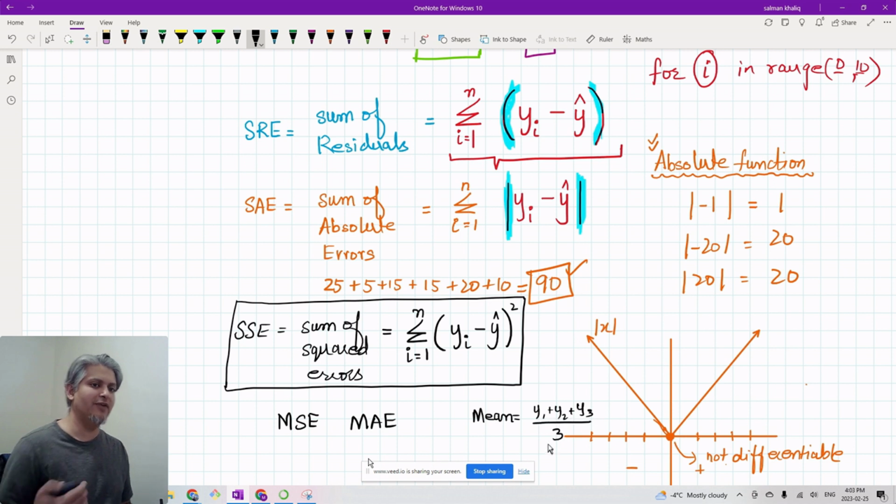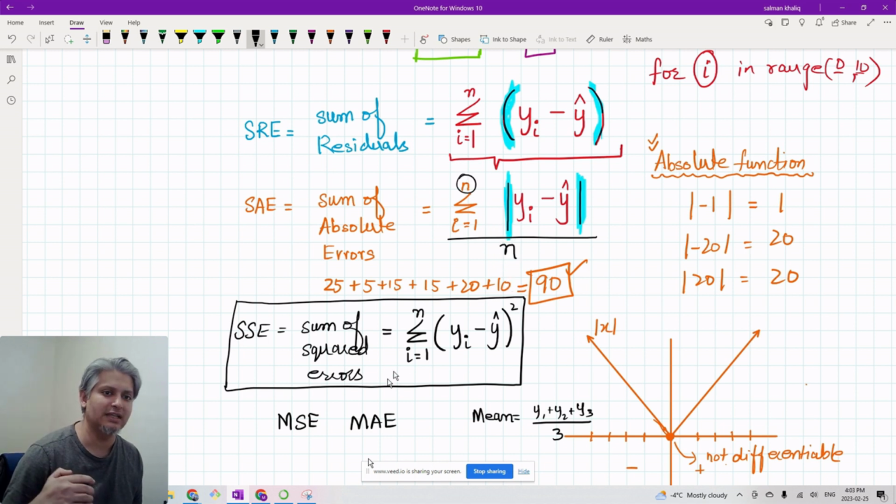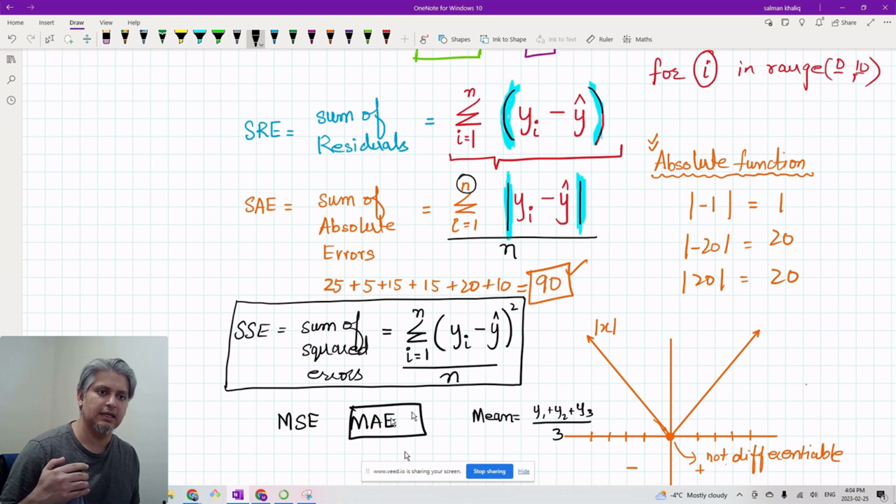You add them, divide by 3. So here you are adding all the errors for sum of absolute error. And if you divide it by the n value, number of values, you would get a mean value for the error. And this is what we call mean absolute error. And similarly, if I divide this error by n, I would get mean squared error.